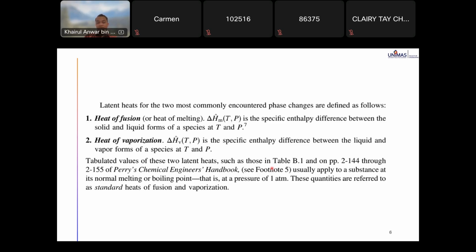Heat of fusion or heat of melting, delta Hm, also available in table B1, is the specific enthalpy difference between the solid and liquid form of a species at a given temperature and pressure. Then we have heat of vaporization, delta HV at T and P.